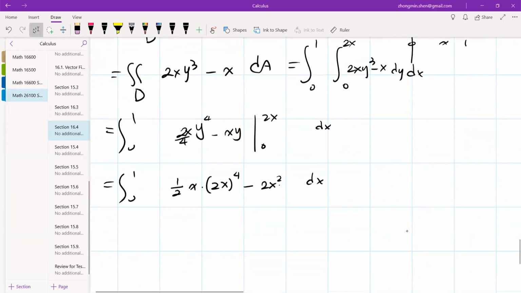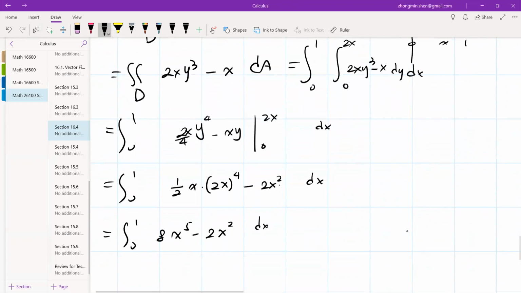But I'm going to simplify this again. 2 to the 4th power is going to be 16. Divided by 2 is 8. X to the 5th minus 2x squared.